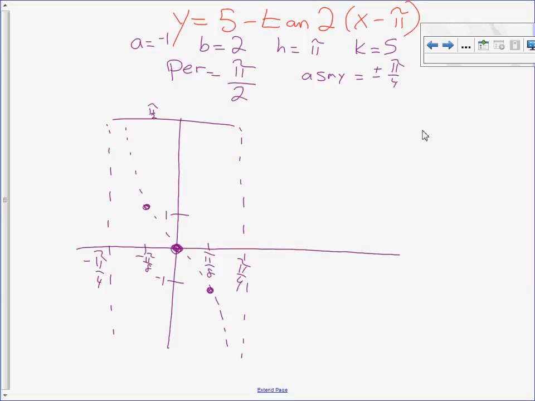Now, this is where most of you are going to get thrown for a loop. When I'm looking at negative pi over 8 plus pi, in my brain I'm saying negative 1/8 plus 8 over 8, because that's the same thing. All I did is get a common denominator. Or in your calculator, negative 1/8 plus 1, Math, enter, enter. It'll spit out a new fraction for you. It's 7/8, so it's 7 pi over 8.